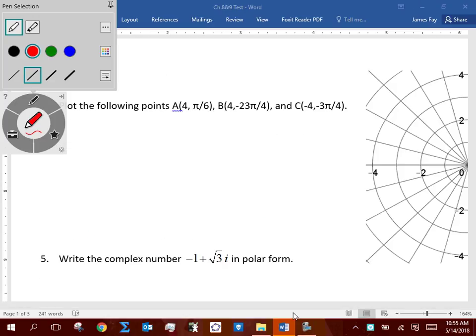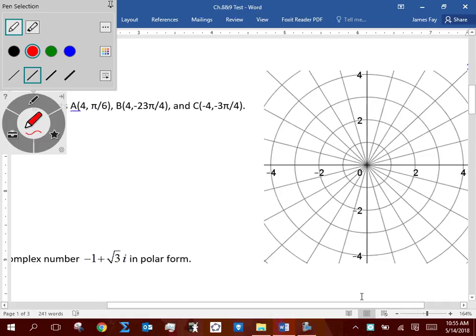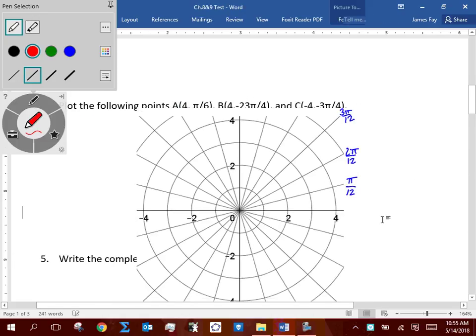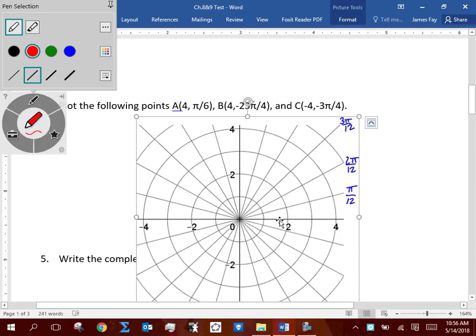Down here, plotting these points. Okay, (4, π/6). So I find the π/6 angle, which is going to be this one here, 2π/12. Then I go up to the fourth circle. So there's A. B is at (4, negative 23π/4).